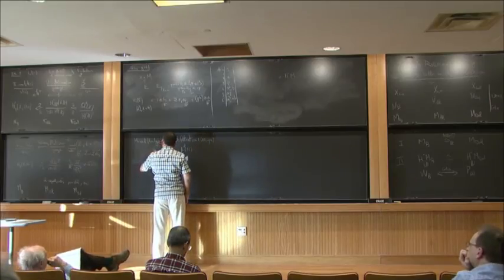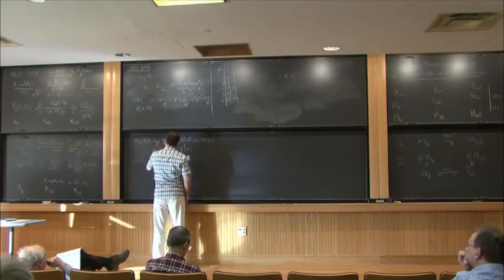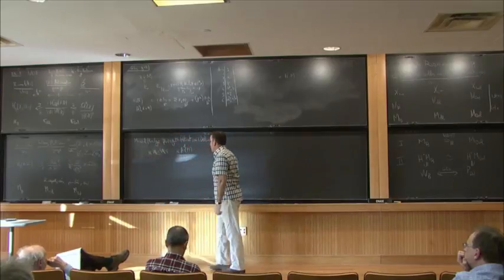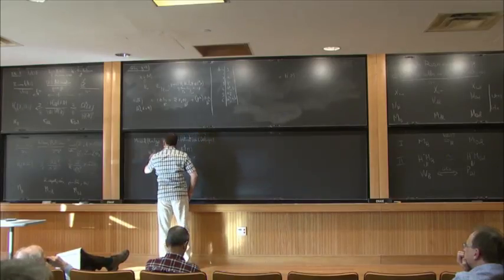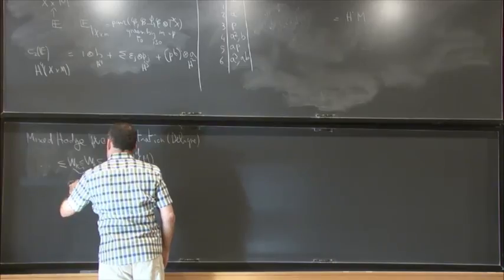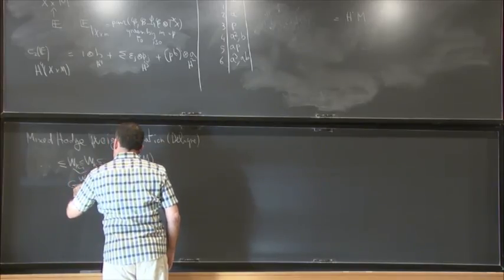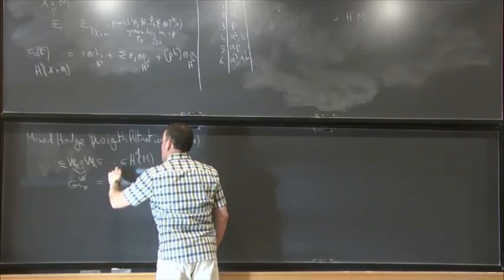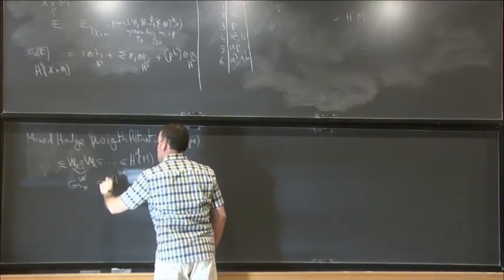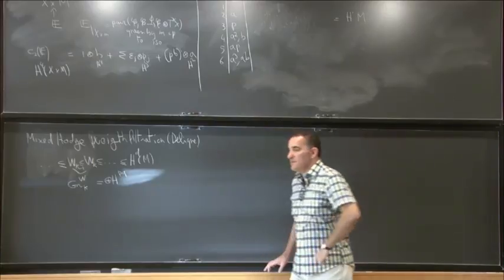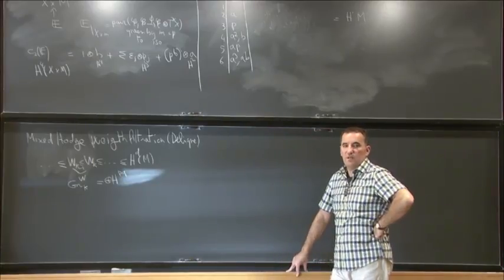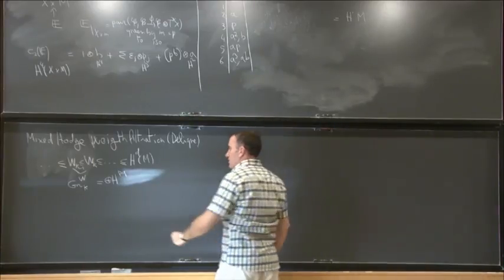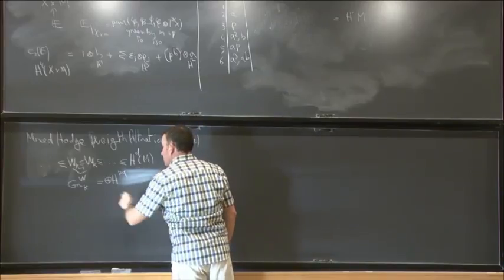Let me write them like this. Finitely many of them. I can consider their graded pieces. And these graded pieces break up naturally into p,q pieces, exactly in the case as the Hodge decomposition on a compact Kähler manifold. They have the usual symmetries by conjugation, etc.